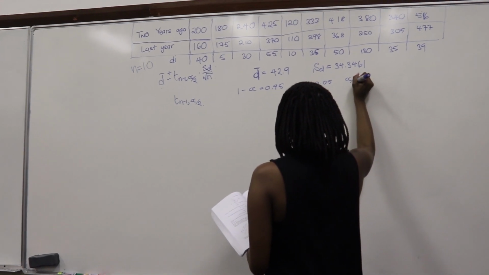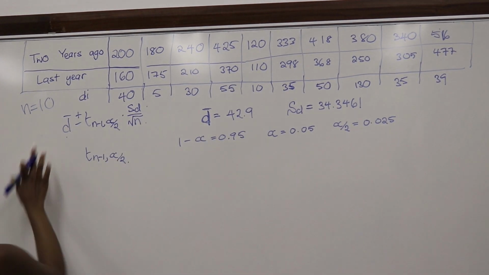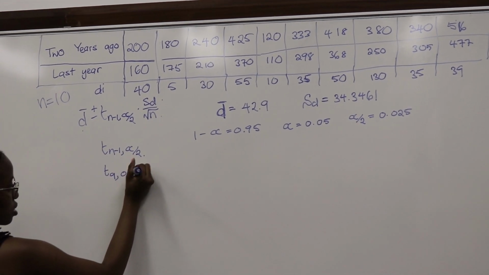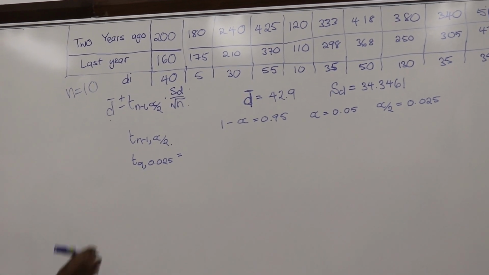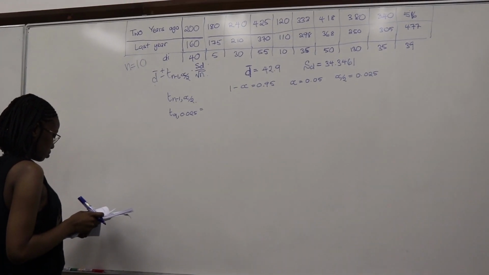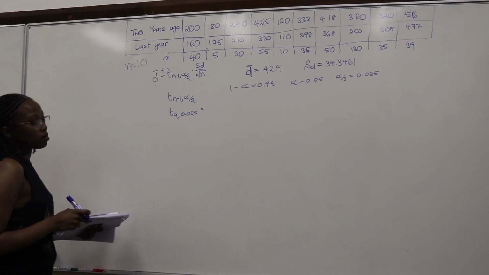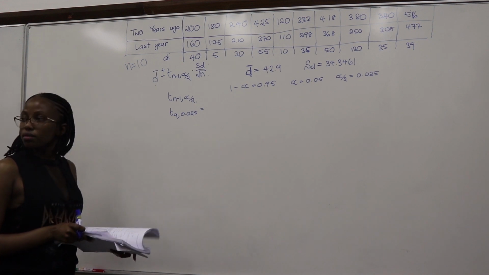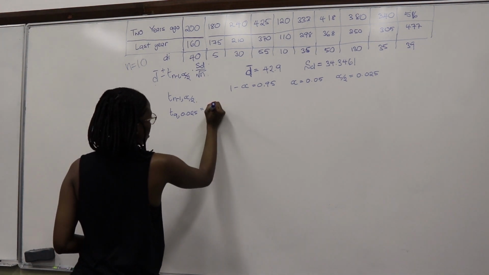Therefore alpha over 2 is 0.025. Our n is 10, so our t is t9, 0.025. Can someone please look on table 3, the t table, for what t9 of 0.025 is? 2.262.